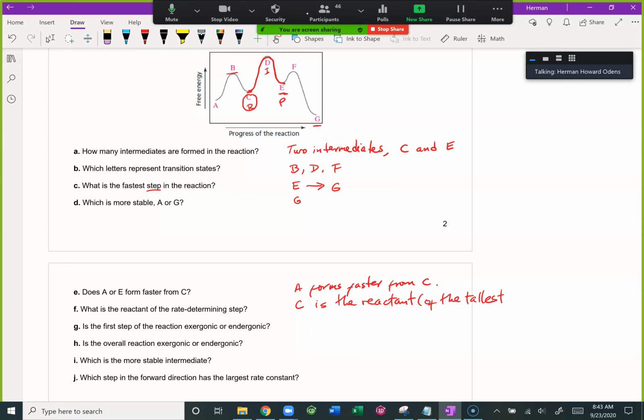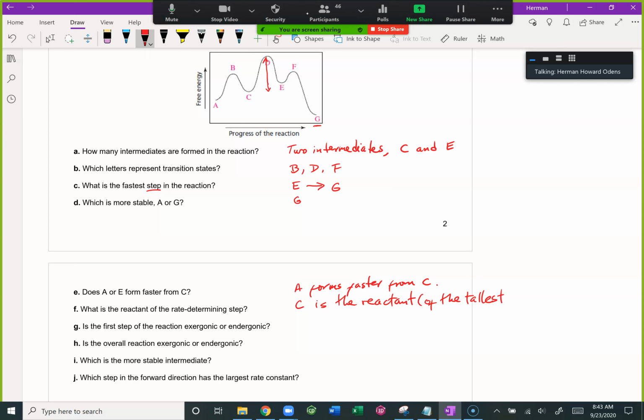If I would have asked what is the product of the rate determining step, then you have to say E. And you started at C because from C to E is the tallest bump. Correct. You see the tallest bump here, from here to about here.